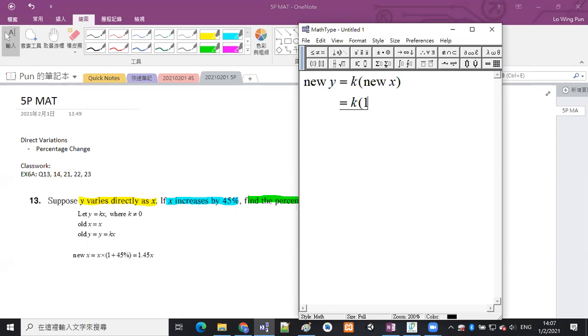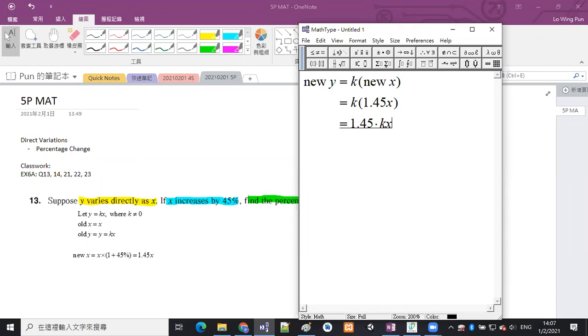New x is equal to 1.45 times x. Then we need to split the number out from the original expression, so 1.45 should be moved to the front, and then we have times kx.